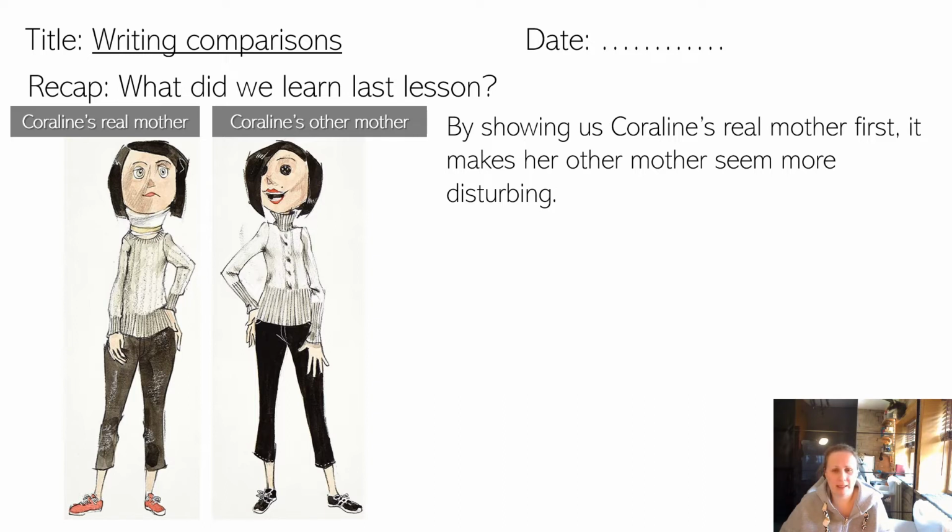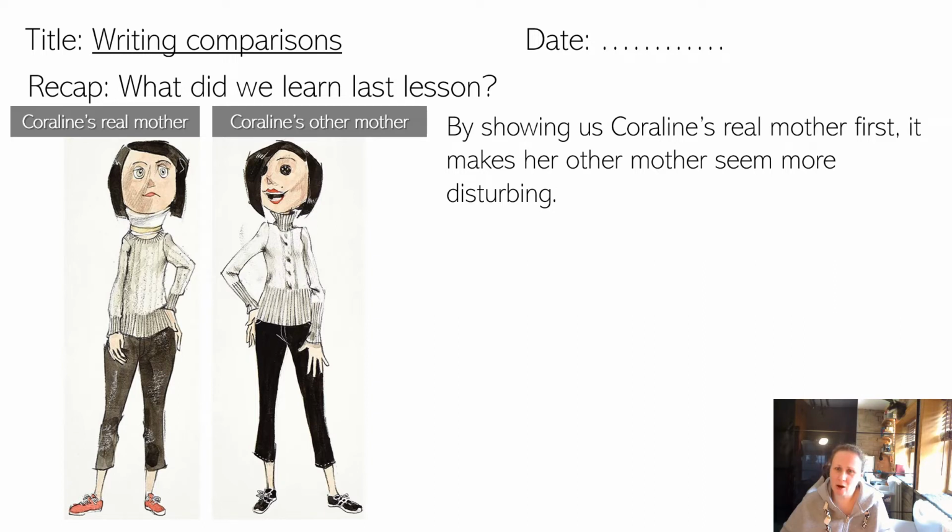She's a frightening lady. She's got those buttons for eyes, she's got those two long fingers, she's got those dark red fingernails that are curved and sharp, yet at the same time, she's ever so nice. She's cooked that roast chicken. She's so lovely to Coraline. We don't really know what to make of her.